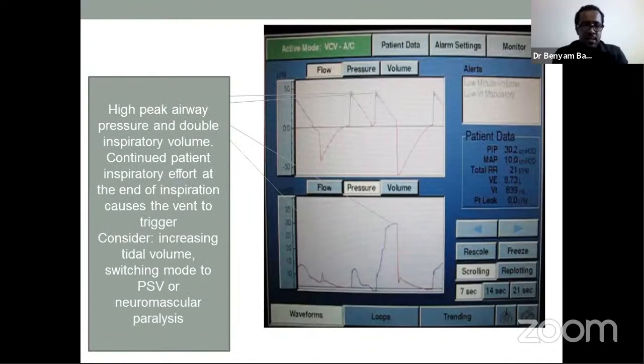As you can see here, there are high peak airway pressures and double inspiratory volume. This is because the patient started an inspiratory effort at the end of the inspiratory wave. The wave went up during inspiration, and the expiratory phase was about to start here.